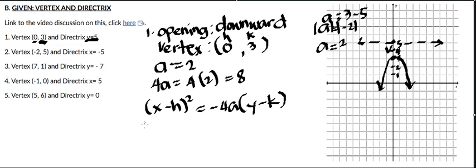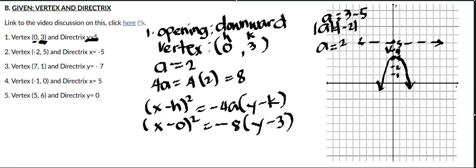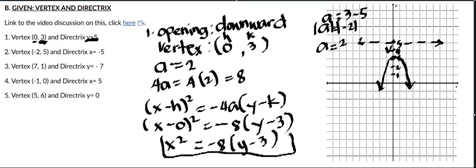Plugging in, we've got (x minus 0) squared equal to negative 8 times (y minus 3), since our 4a is 8 and our k is 3. Simplifying that, we've got x squared equal to negative 8 times (y minus 3) as the standard form of our parabola.